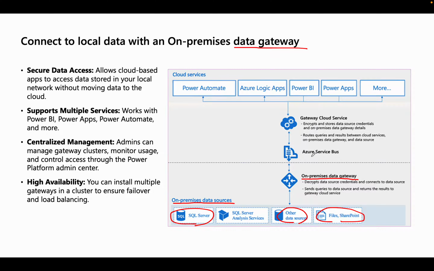They use the Azure Service Bus to connect to the gateway cloud service. As long as you connect to the cloud service, then tools like Power Automate, Power BI, Power Apps, and even some other large apps may connect to your local on-premise data sources.